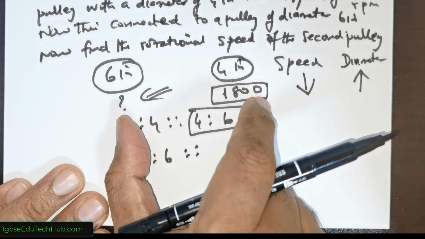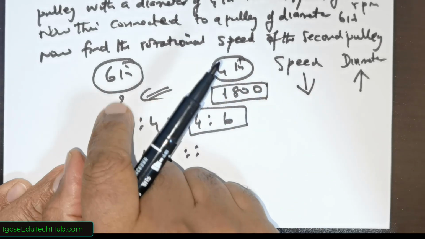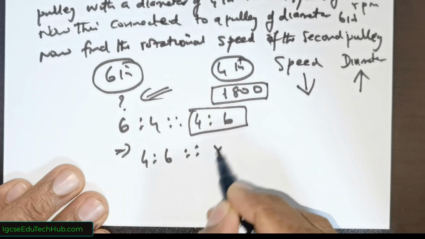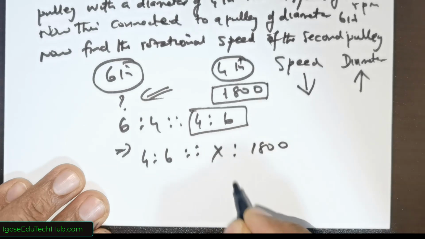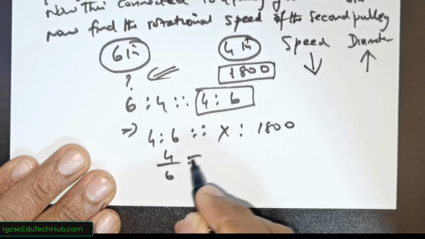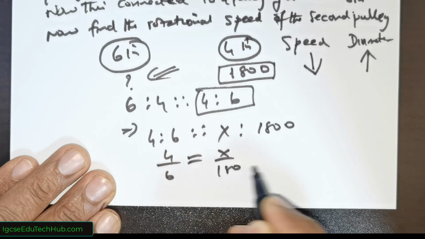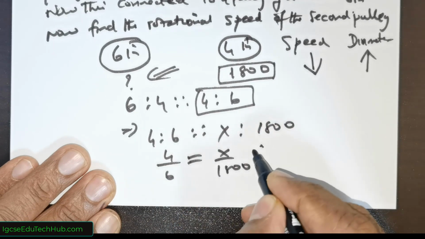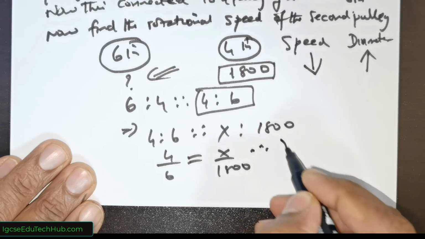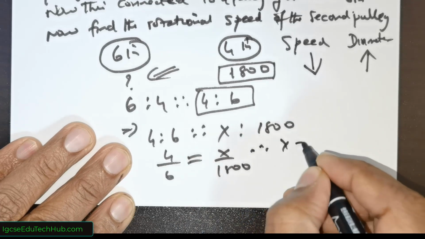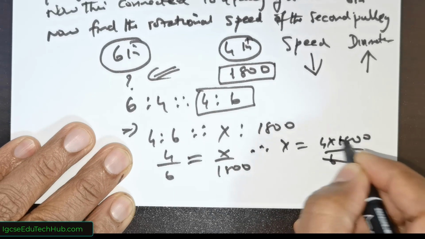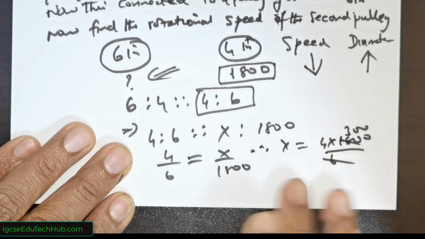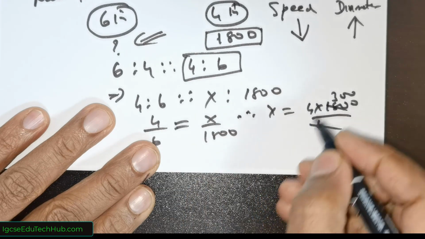Okay, 1800, and we are expected to find this. So let me take that as x and the other one is 1800. So we write this as 4 divided by 6 is equal to x over 1800. We cross multiply. So therefore x is equal to 4 multiplied by 1800 divided by 6. 300 times 4.